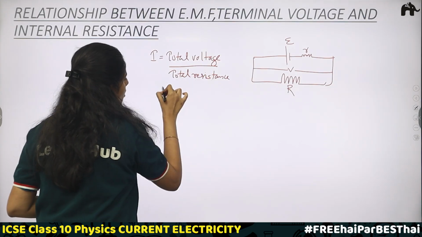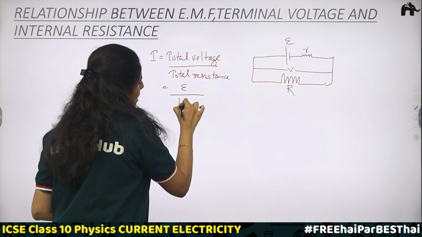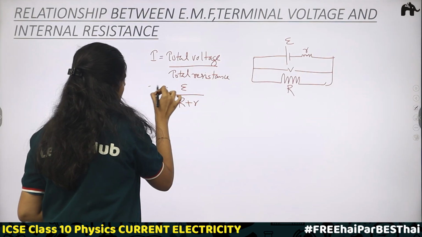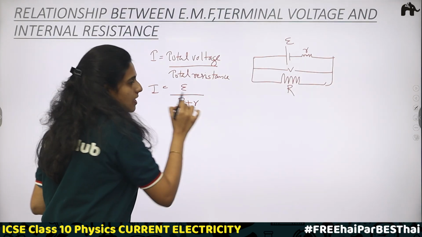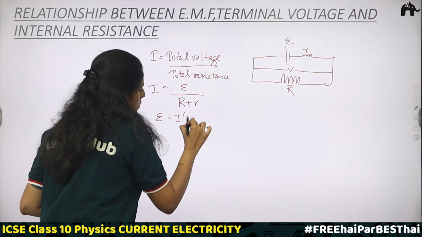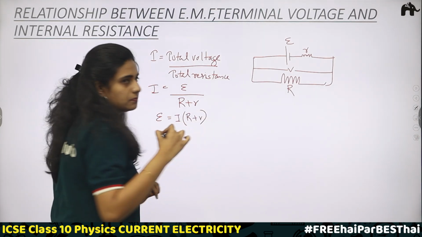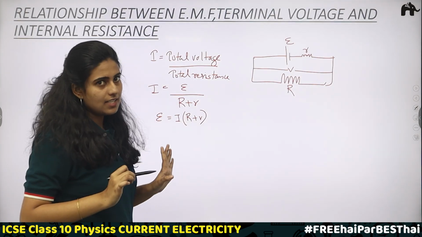So the total voltage is the EMF value and the total resistance is capital R plus small r. So current I is equal to epsilon divided by capital R plus small r. You can write this as EMF equal to I into capital R plus small r. Now what is I? I is the current that is flowing.